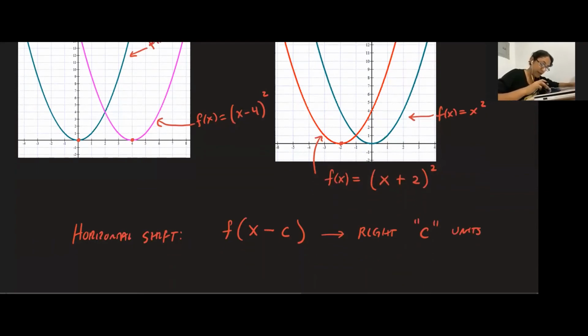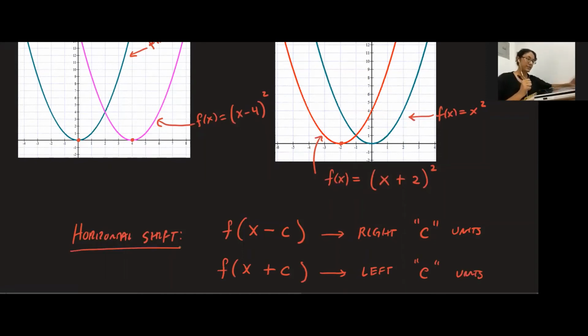And if you have f of x plus c, so again, now we're adding to the input value x, we're going to move left c units, where c is any real number. So these are the two rules we have for horizontal shift.